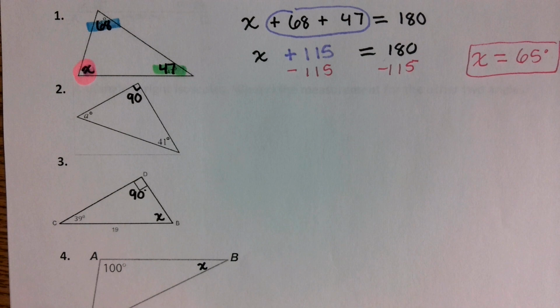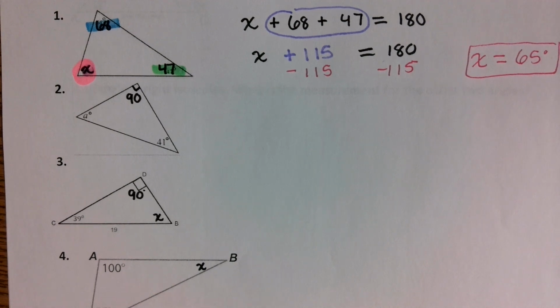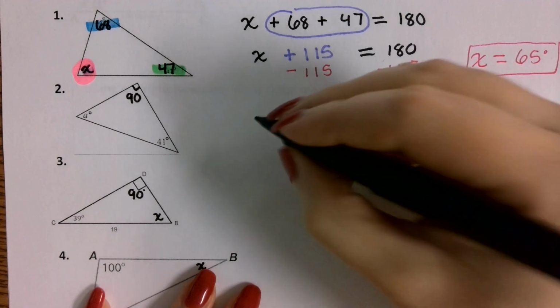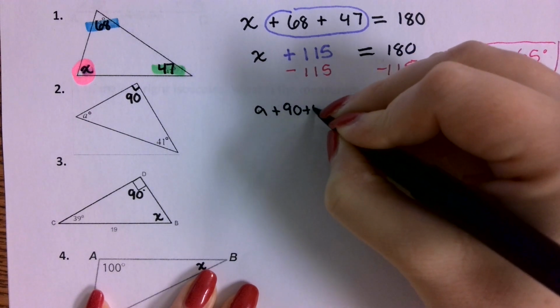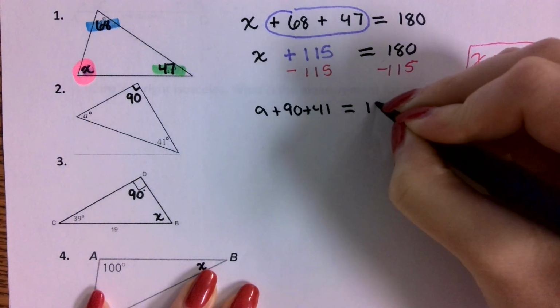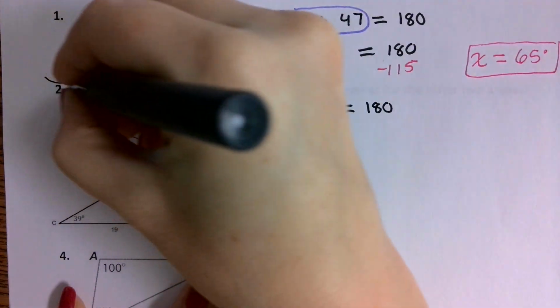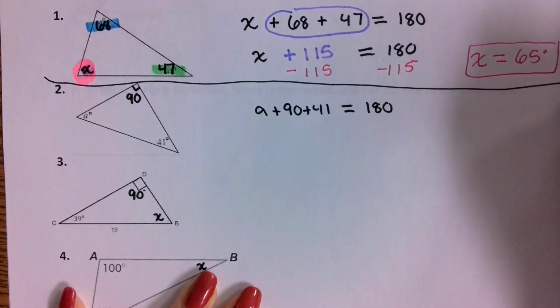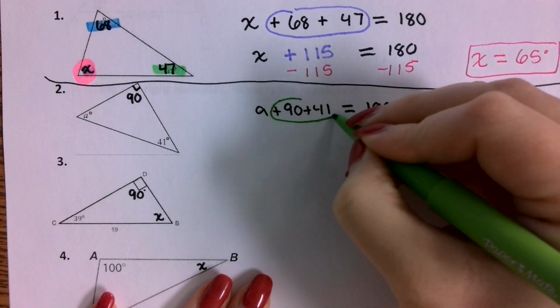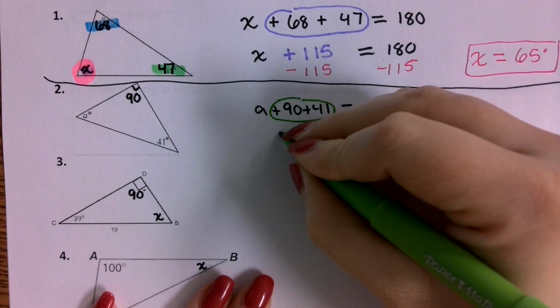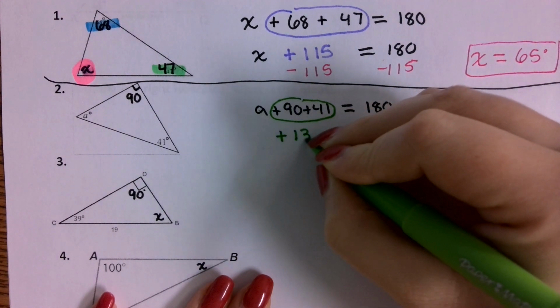All right, let's take a look at problem number 2. Again, when we set up this equation, we have angle A plus the 90 degrees plus the 41 degrees, and the whole thing is going to be set equal to 180. First, we need to combine like terms. We combine the 90 and the 41, which comes out to 131.